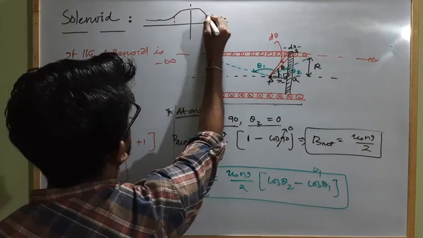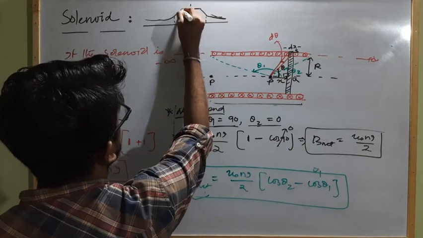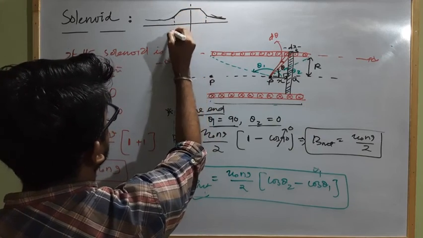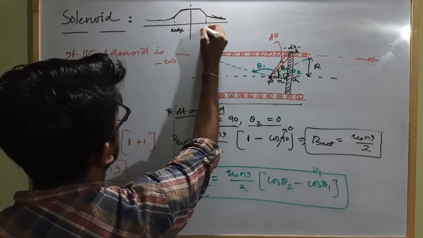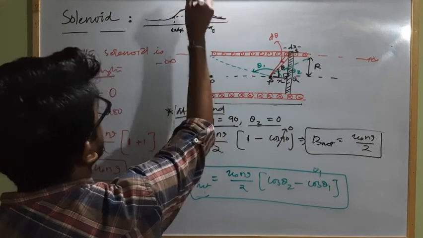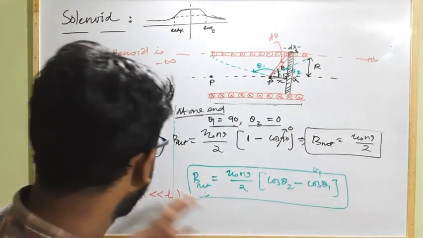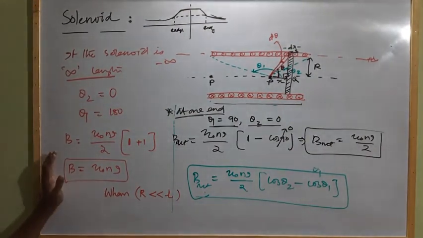This will be the value at the edge, and this will be the value at the center. The value at the edge is mu naught Ni by 2, half of B at the center. Clear? So this is how to find the magnetic field strength due to a solenoid. Clear?